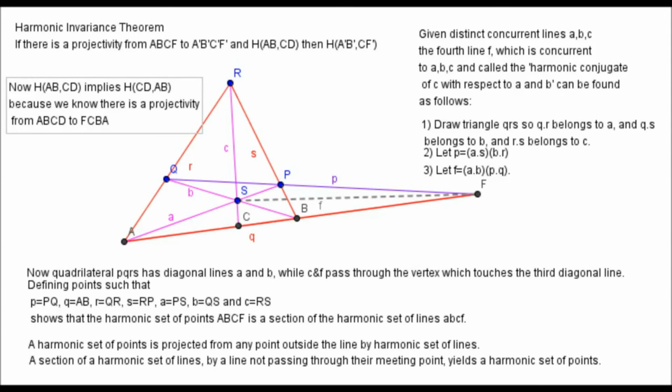And so basically, since there is such a projectivity, and since harmonic relationships are preserved by projectivity, as we've just proved, it turns out that AB being harmonic conjugate to CD implies the opposite, that CD is harmonic conjugate to A and B. Or actually technically, I suppose we should say that C is a harmonic conjugate to D with respect to A and B. It's quite a mouthful.